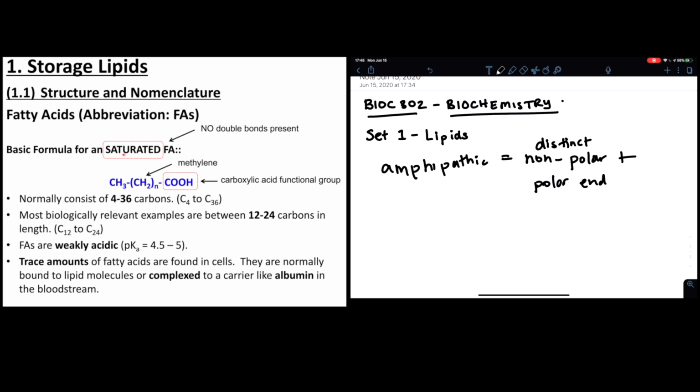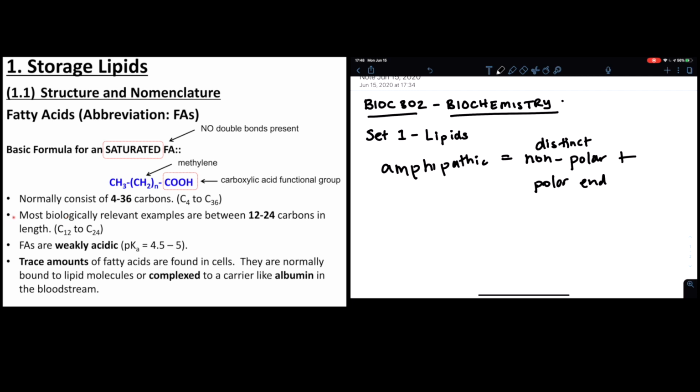Whenever we're talking about saturated fatty acids, it means that there are no double bonds present in the fatty acid structure. The reason why they're called saturated is because they're saturated with hydrogens. Every carbon is saturated with the maximum number of hydrogens. Most fatty acids consist of anywhere from 4 to 36 carbons, so C4 to C36.